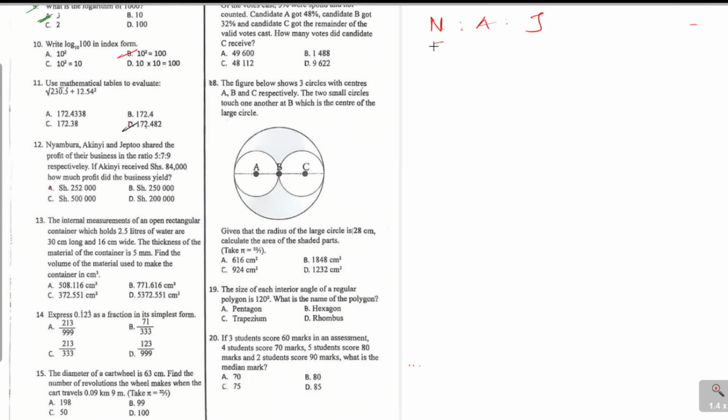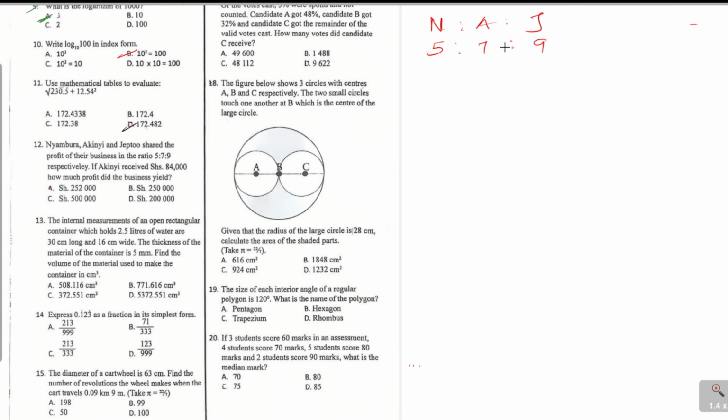The ratio is 5:7:9. So what we need to get, because KCDE received 84,000 shillings, is the fraction KCDE received, or the fraction of KCDE that was used to calculate this profit.